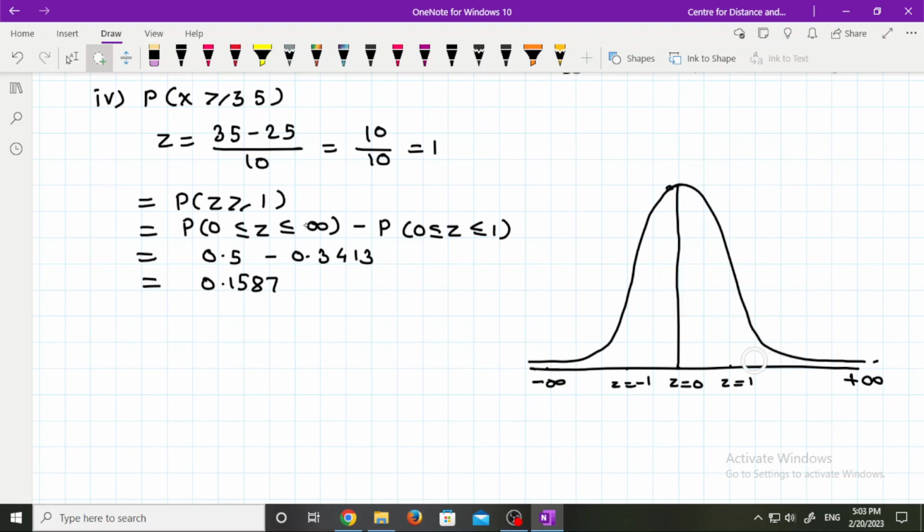Here z is equal to 1 and z lies between 0 to infinity, 0 to 1, that is this one. Our z is equal to plus 1 to infinity, that is this area.